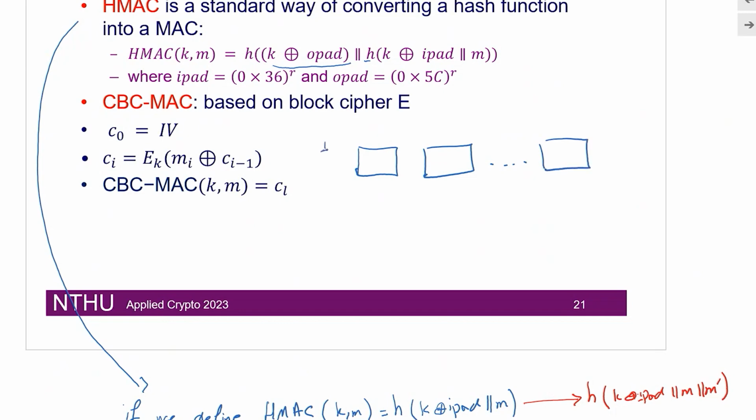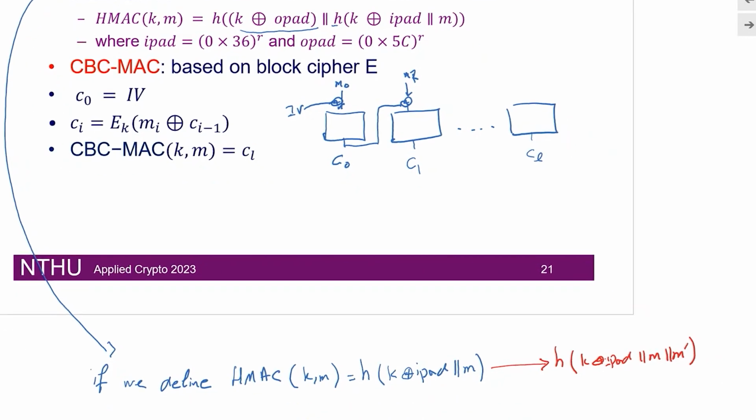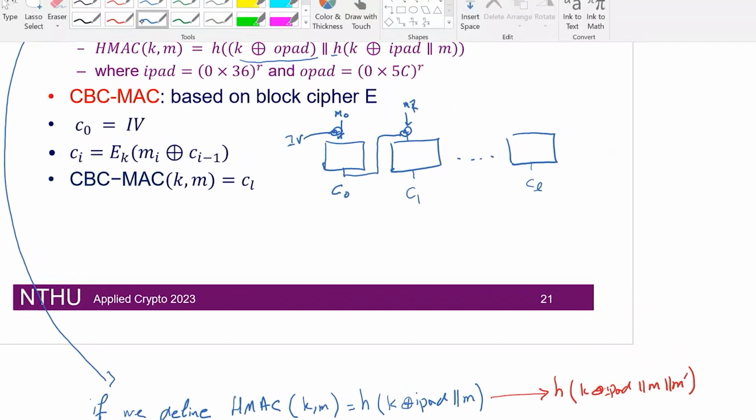So this is the IV, and then the message comes in, we XOR it with the IV, maybe M0, and then we compute the C0, and then this goes and is encrypted and XORed with M1, and then we get the C1 and so on and so forth. So the idea is that at the end we receive the CL. It is the latest block. So we are going to define our hash function.